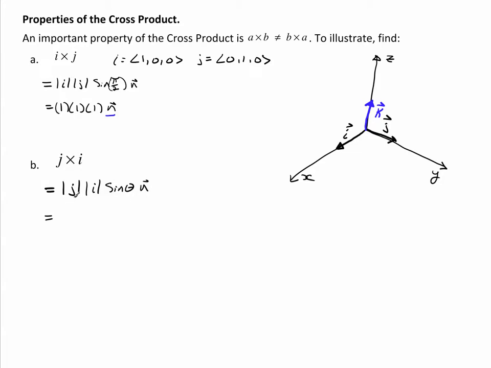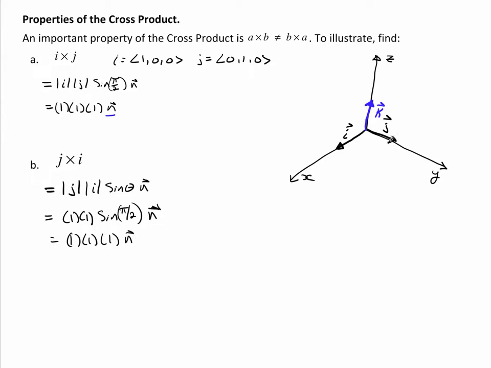Again, the magnitude of j and I are both 1, so this would be 1 times sine of pi over 2 times n. Well, this is just 1 times 1 times 1 times n. But remember, the direction of n is going to be identified by the right-hand rule.